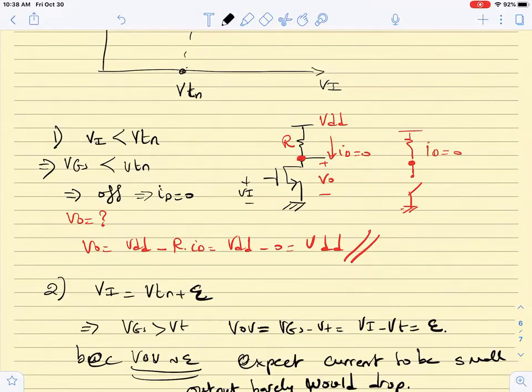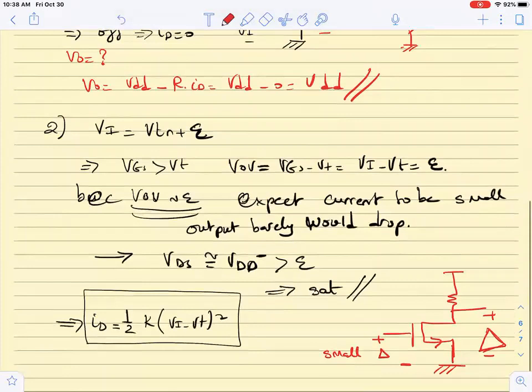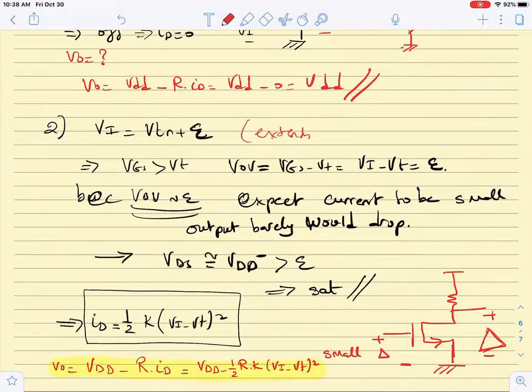R times ID. Okay, so in all conditions, V out is going to be equal to VDD minus R times ID, and in this case, it is equal to VDD minus R times half K times VOV times (Vn minus Vt) all squared. So in this region, this is what the output voltage is equal to, and this extends until we say when it leaves saturation to the rest of the region.